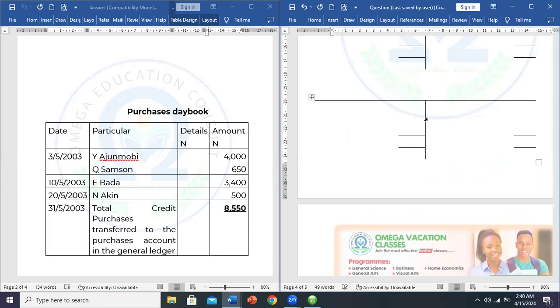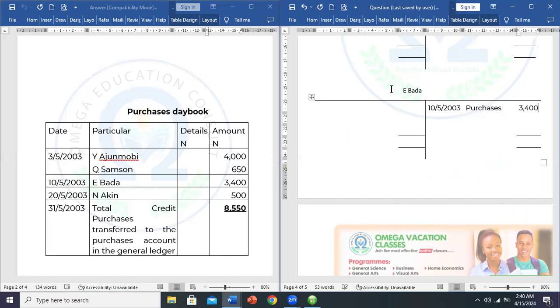So Ibadah, we are going to credit on the 10th of May 2003, purchases, 3,400.